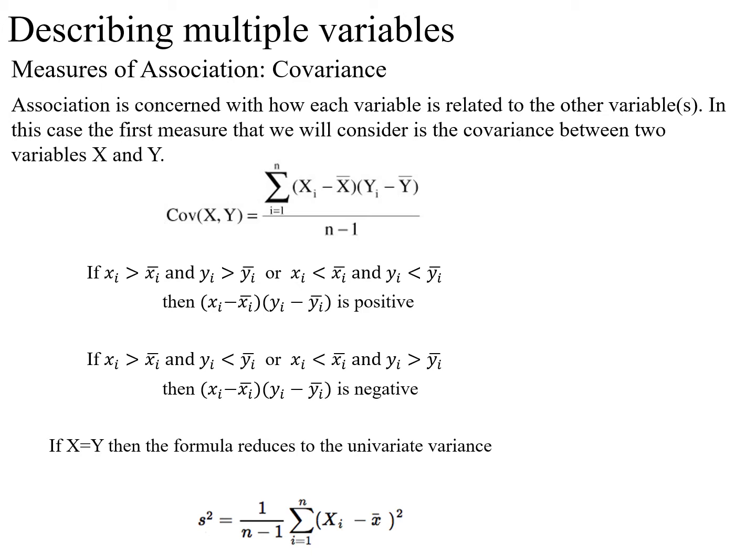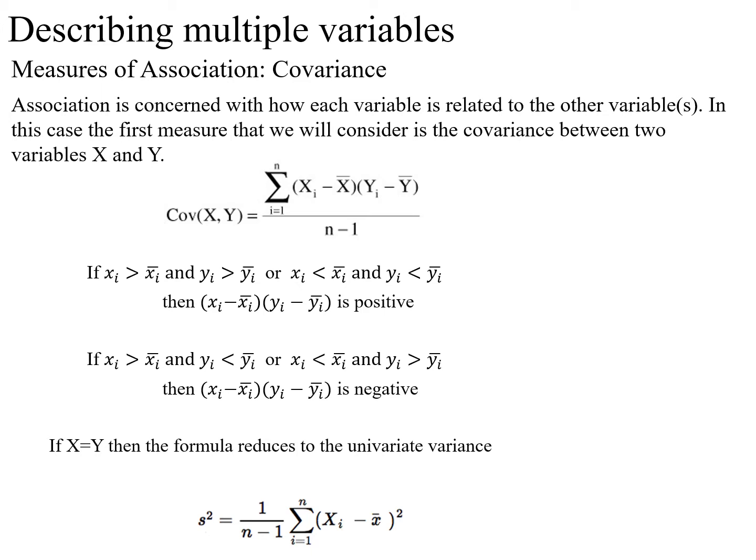So the covariance of two variables, x and y, is the summation along all of the observations we have of the residual of x and mean x. So x sub i, the ith observation of x, minus x bar, the mean x.